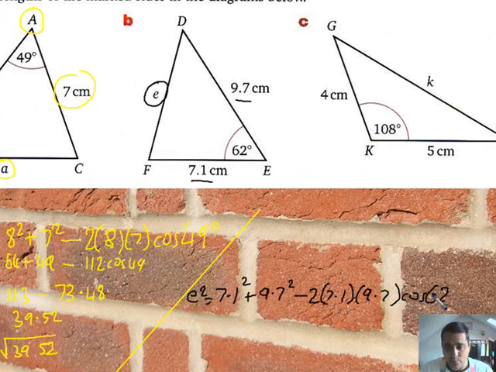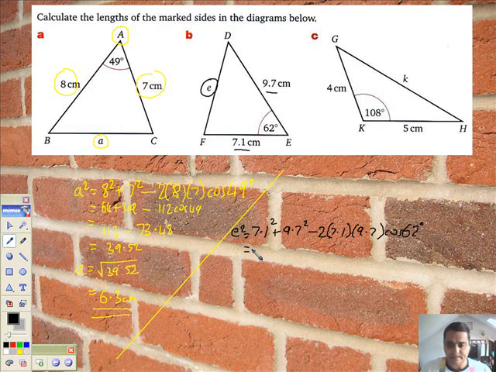And now we do it straight away on the calculator, not mess about. Right, so what I'm about to do, I'm going to go 7.1 squared plus 9.7 squared minus 2 open bracket 7.1 close bracket, then press times open bracket 9.7 close bracket, and then I'm going to hit cos 62, and if I press equals, hopefully I get the answer for E squared.